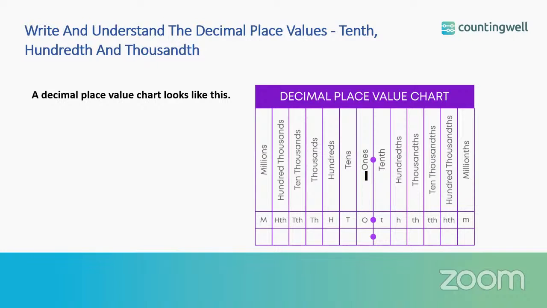Okay, so what is the chart showing? To the left side of the decimal point, we have ones, tens, hundreds, thousands, ten thousands, hundred thousands, and millions. To the right side of the decimal point, we have tenths, hundredths, thousandths, ten thousandths, hundred thousandths, and millionths.